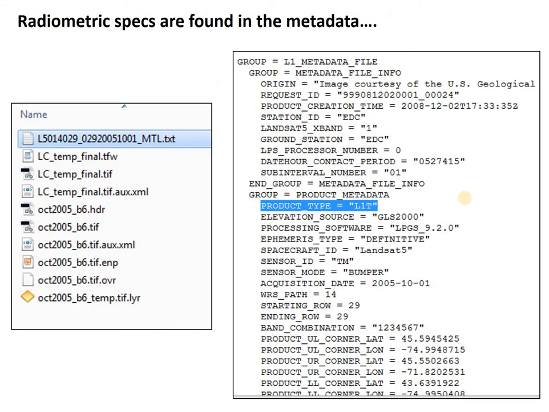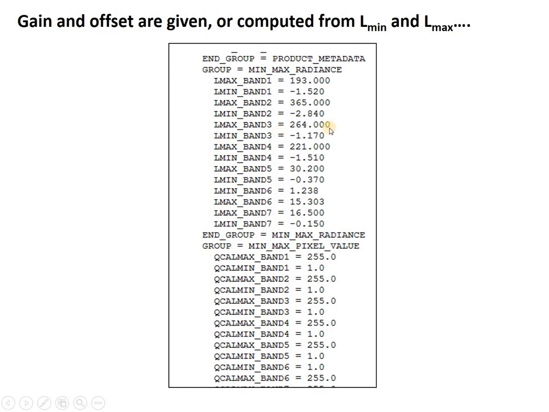So if you need to get some of these parameters, let's say you're actually working with real data, you're always going to find these in the metadata. For example, with a Landsat image, in the Landsat metadata, you'll find a specific L min and L max for each band.